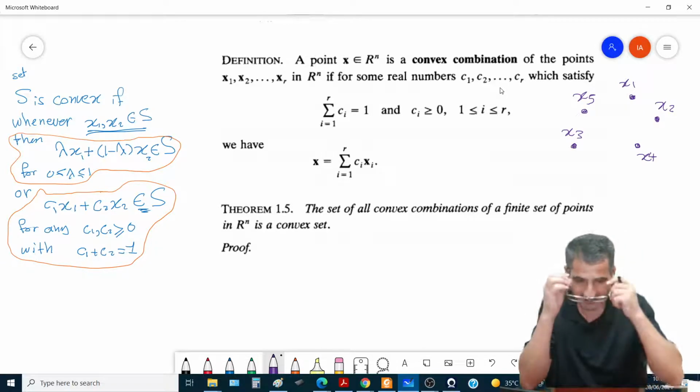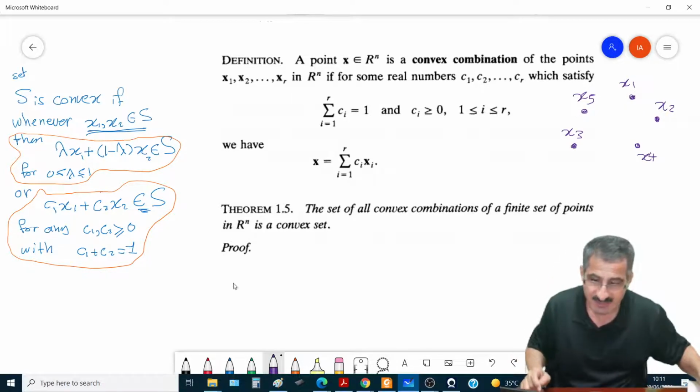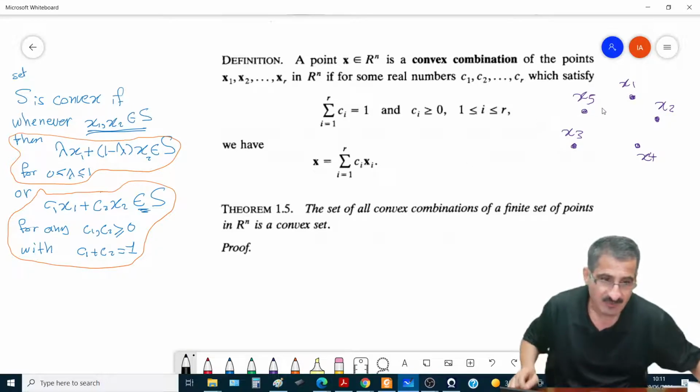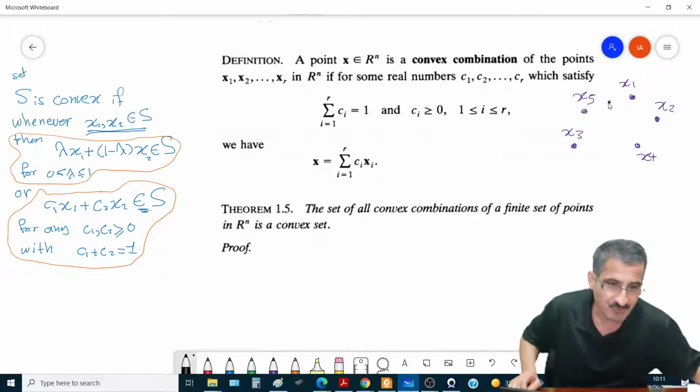Let me explain that. Say this point: for sure we will take it because it is on the line segment between x1 and x5. Say this point, we will take it because it is on the line segment between x4 and x5. Say this point here, is it on the line segment between x1 and x2?